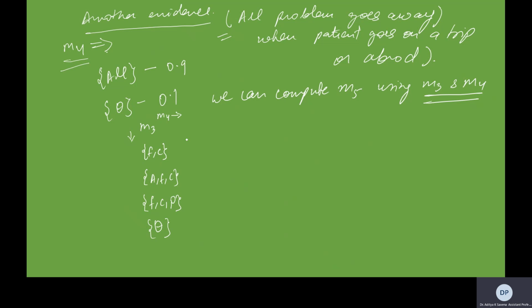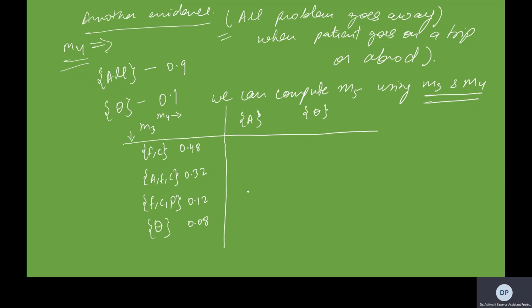What are their corresponding beliefs? For M3 we have calculated 0.48, 0.32, 0.12, and for theta we have 0.08. Same for M4 we have allergy and theta. Now you make the table.